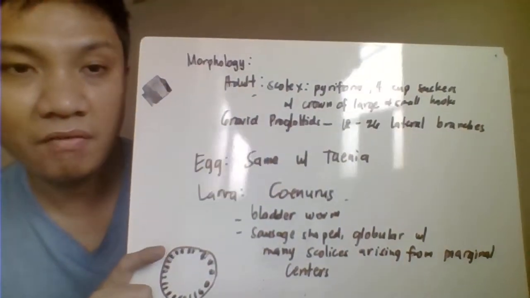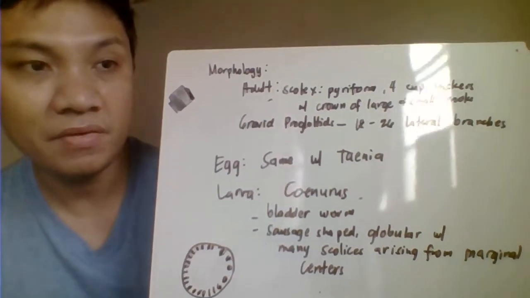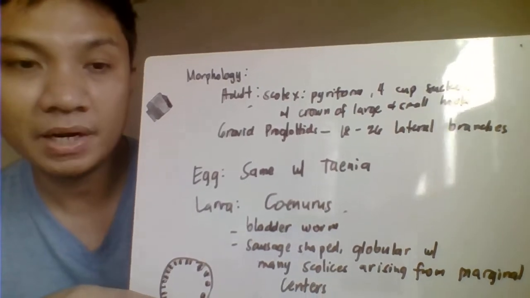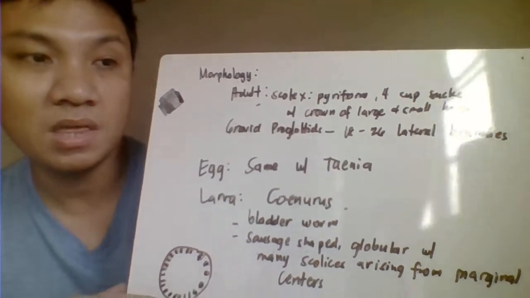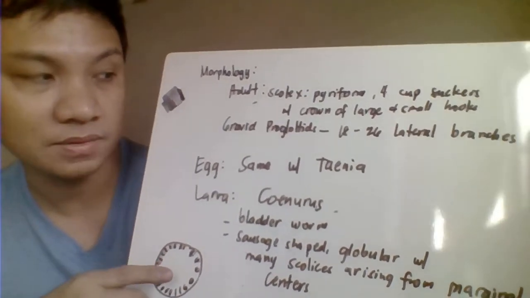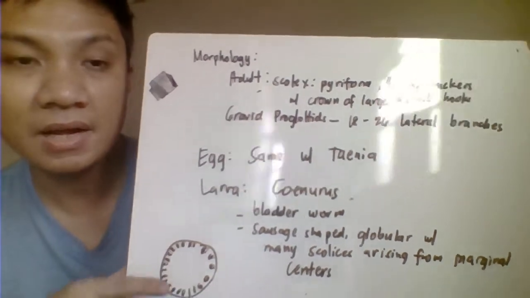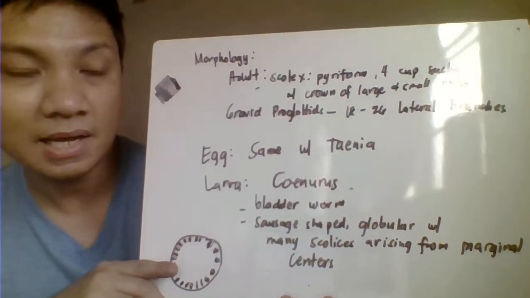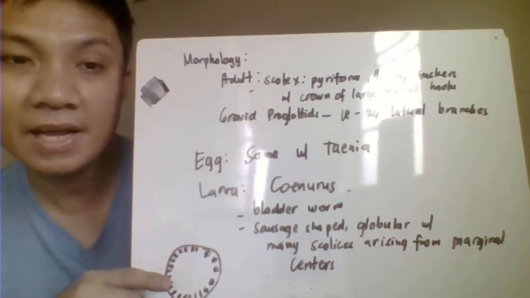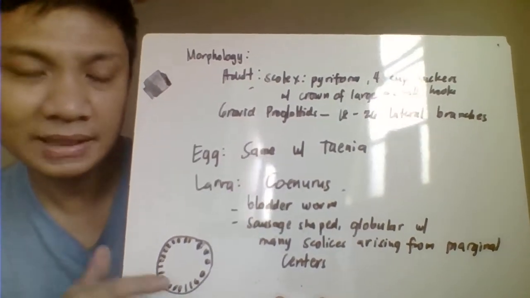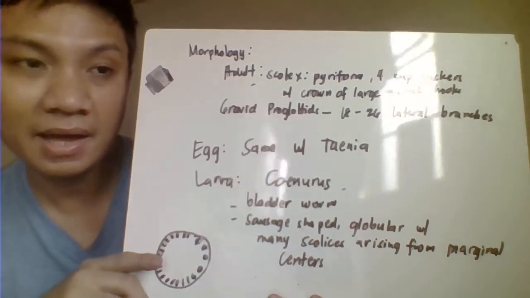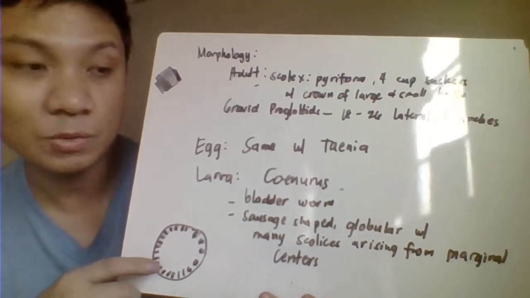Now we go to the morphology. The adult worm would have the scolex, characteristically piriform with 4 cup suckers armed with small and large hooks. The gravid proglottid, on the other hand, contains 18 to 26 lateral branches. The egg would resemble your Taenia, so that will have a striated eggshell with the hexacanth embryo with 6 hooklets.